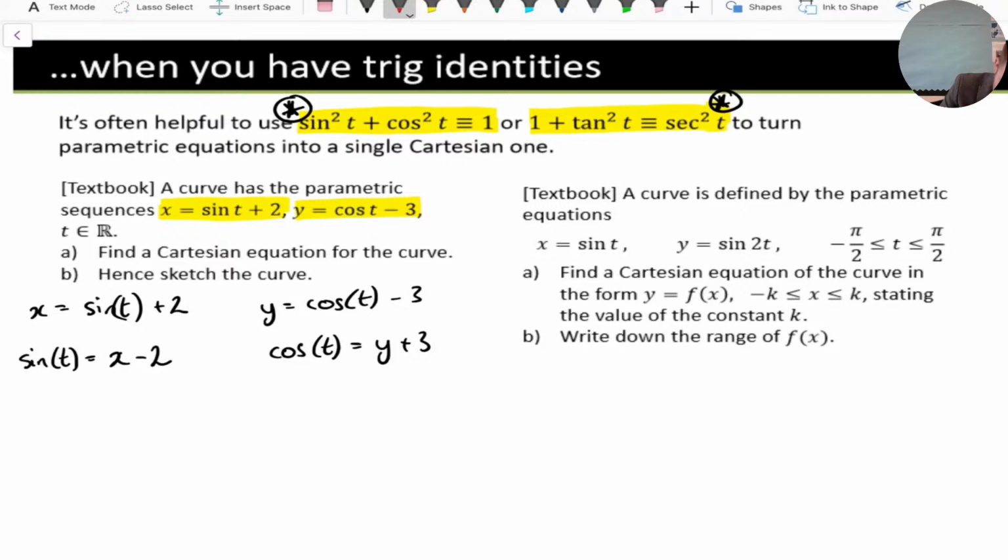And I'm just going to make it really clear to the examiner: use sine squared t plus cos squared t is equal to 1 to create Cartesian.